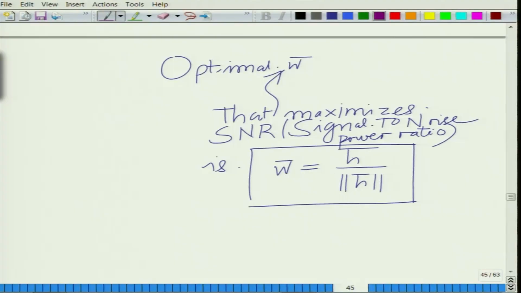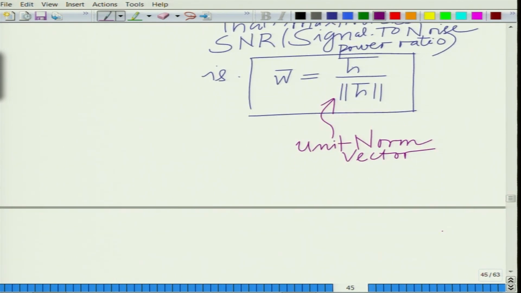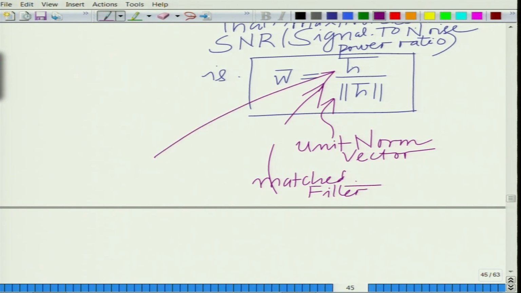So, essentially what you will see is, first of all, this is a unit norm vector, and this is matched to the channel. So, this is also a matched filter, and the other interesting aspect is that this maximizes the signal to noise power ratio.